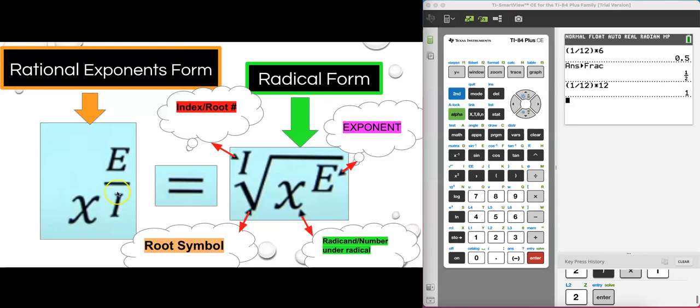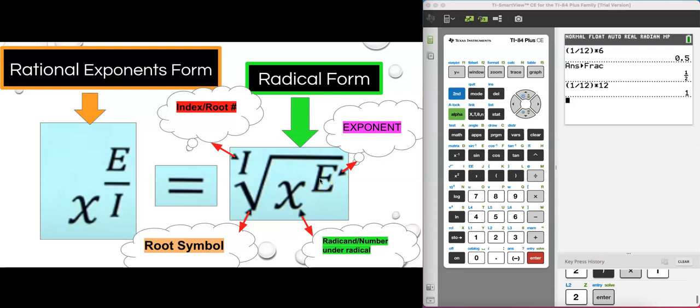If I want to switch from rational exponent form to radical form, I need to take the bottom number of the fraction, and that's going to be my index number. That number goes on top of the radical. This number here is my base, so that goes underneath the radical. And the number on top of this fraction is going to be the exponent on the number under the radical.